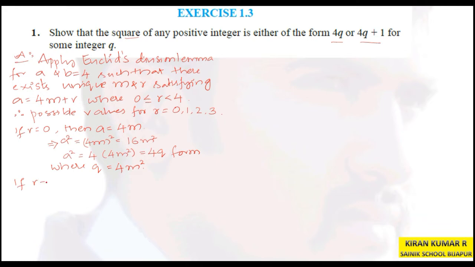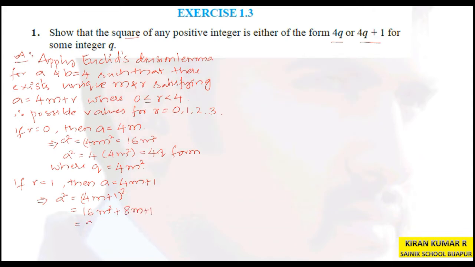Let us take the value of r as 1. Then a becomes 4m plus 1. Now squaring on both the sides, a square will be equal to 4m plus 1 whole square. Let us expand this. It becomes 16m square plus 8m plus 1.